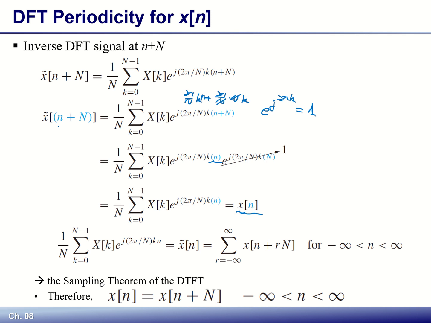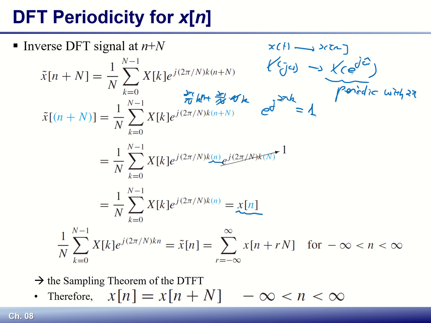So the inverse of the DFT will be periodic. This is the sampling theorem of the DTFT. Considering the data x[n], X(e^j omega hat) is periodic with 2 pi.